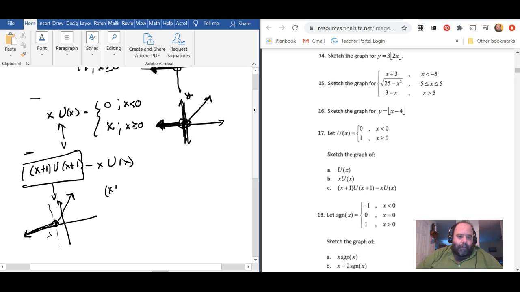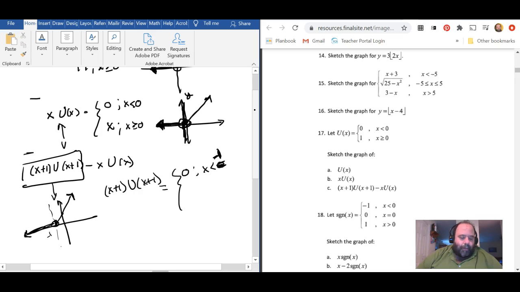So x plus 1, u of x plus 1 is 0 when x is less than -1. And then it becomes, well, let's see, what is this? This is still a slope of 1, but now the y-intercept is 1. There we go.